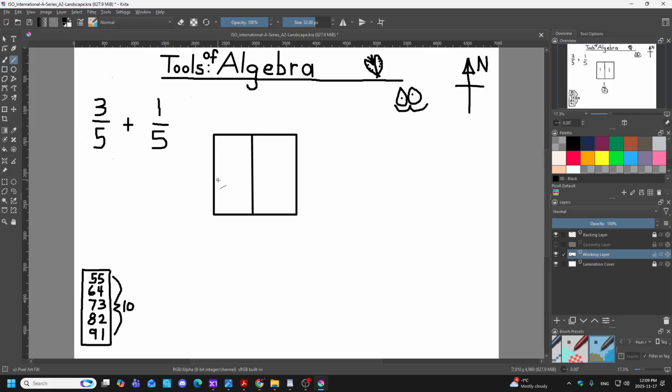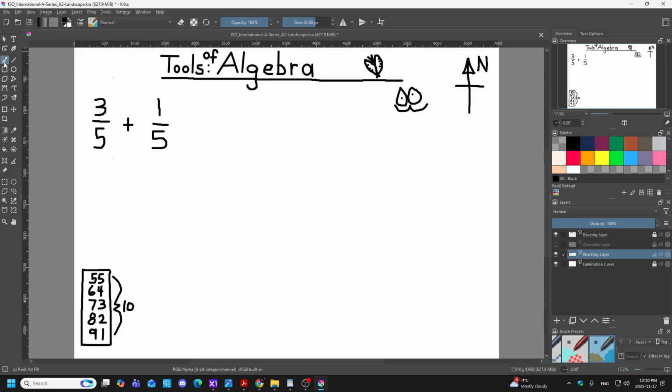And then I could turn it into quarters. Now we have 4 parts, and each part is 1/4. Every single one of them is a quarter. Let's do some fractions now. The denominator shows how many equal parts the whole is divided into, while the numerator shows how many of those parts are being considered.